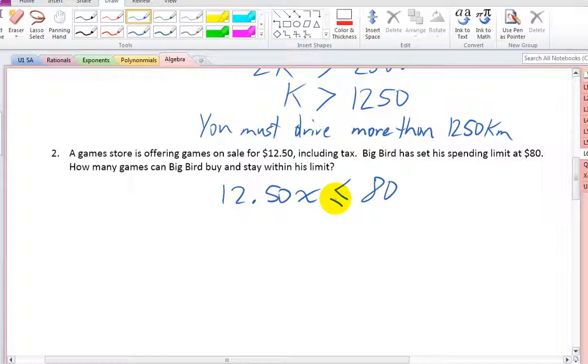And that's because it's okay to spend $80 and it's okay to spend less than, but you can't spend more than. Okay.